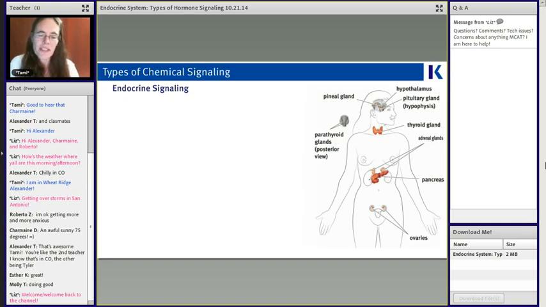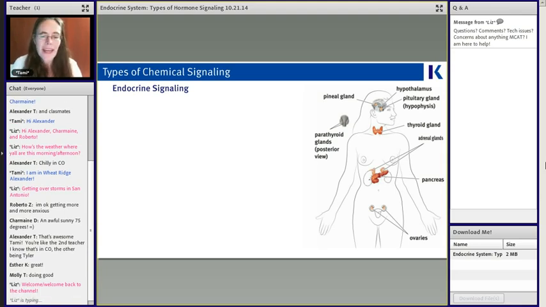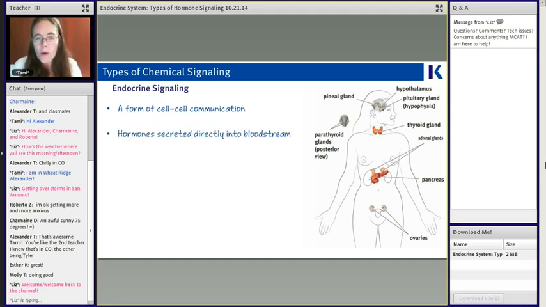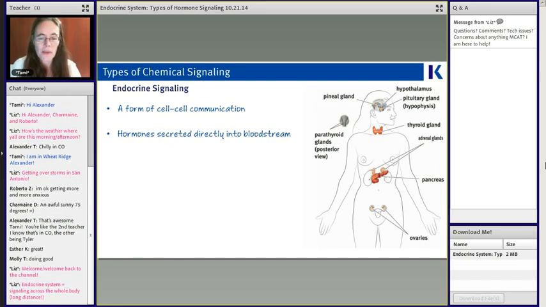All right, so first thing with endocrine signaling, when we're looking at signaling, this is just looking at very long distances, okay? When we're talking about the endocrine system, we're going throughout the whole body. And this really is just a form of cell-to-cell communication. When we look at this, hormones are secreted directly into the bloodstream.